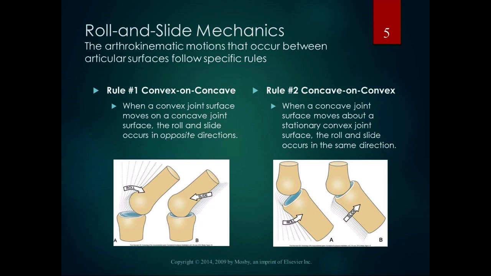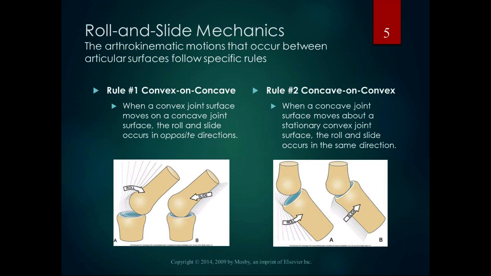An example would be the knee, the femur articulates with the tibia. The tibia is concave, the femur is convex. So if we're doing a closed chain knee extension, it's convex moving on concave. When a convex joint surface moves on a concave joint surface, the roll and slide occur in opposite directions.